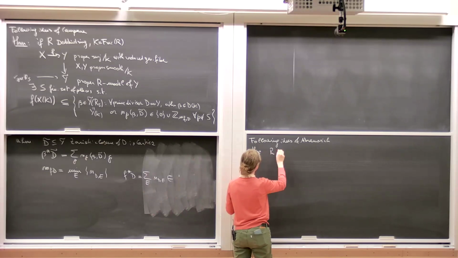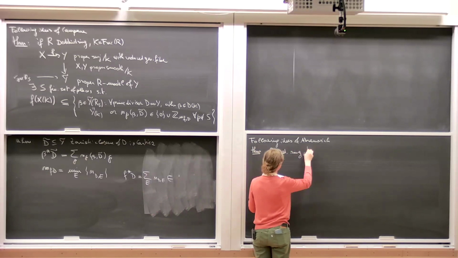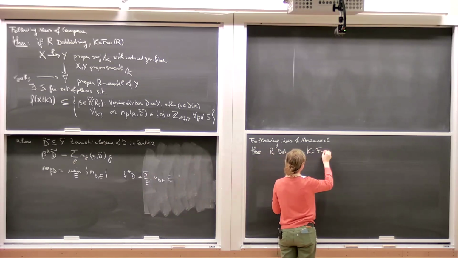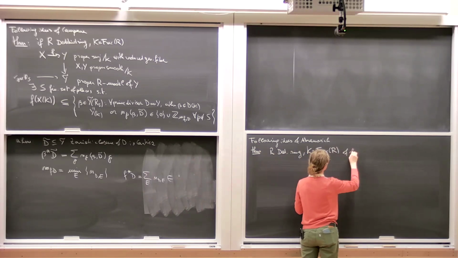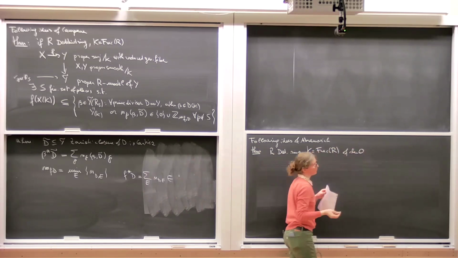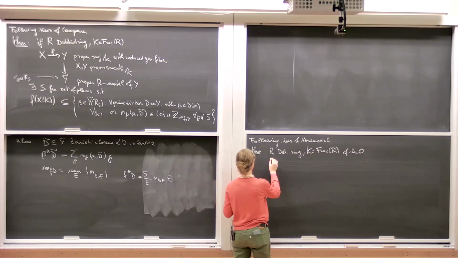So the setting is similar. R is a Dedekind ring, K is the fraction field, but now I'm going to ask that K is of characteristic 0. And this is because of the tools that we use. And you will see immediately in the first step.